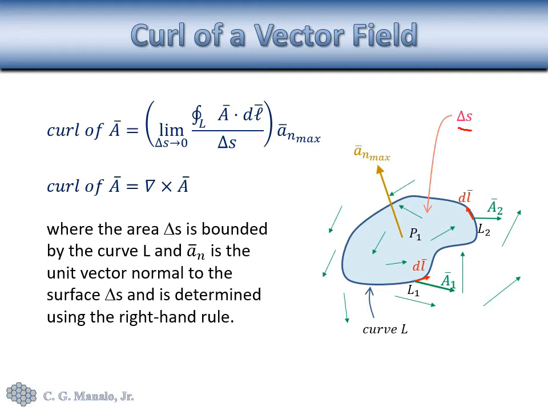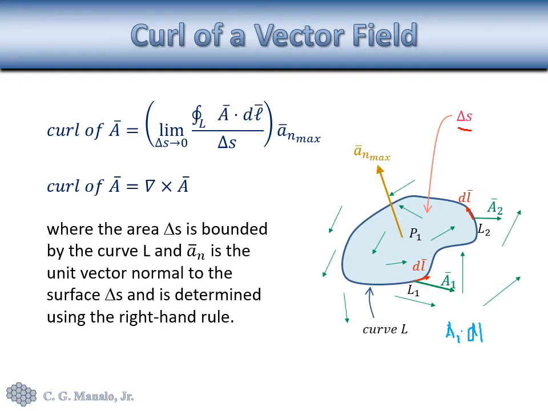So let's say that vector there is A sub 1, and let's define another vector dl, which is directed along the curve L as shown. And let's say I'm going to take the dot product A1 dot dl.